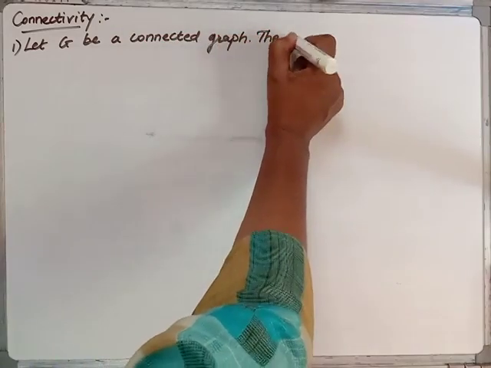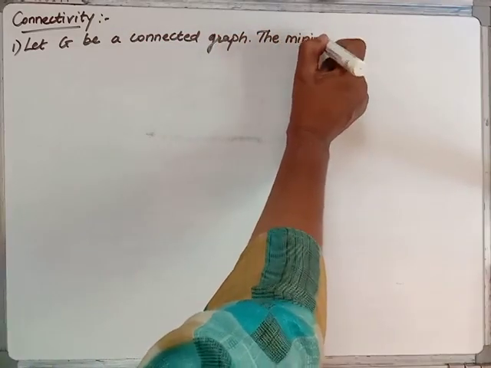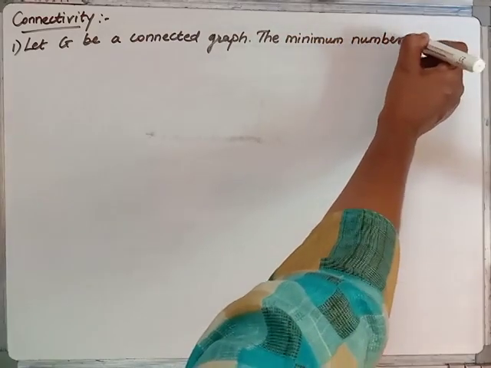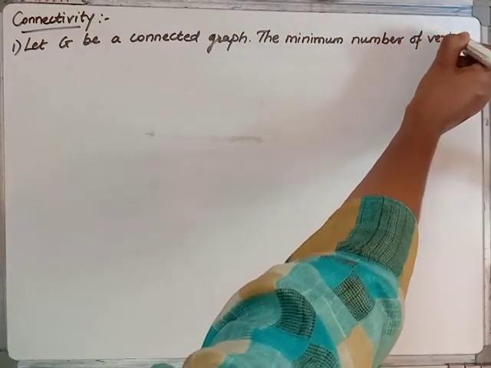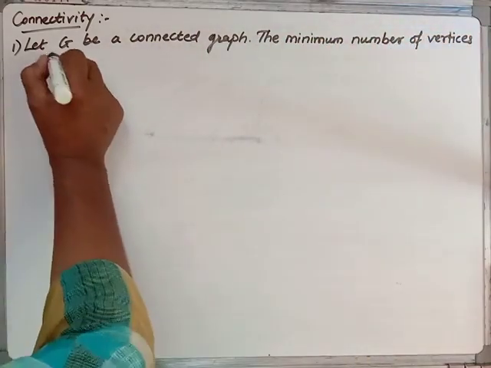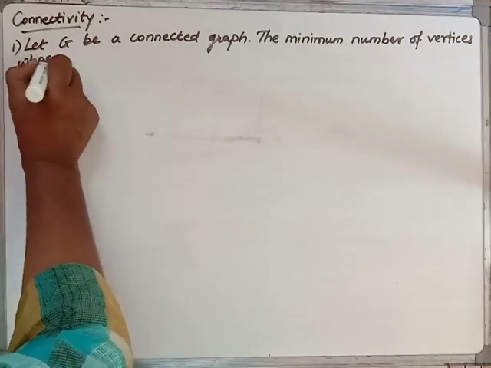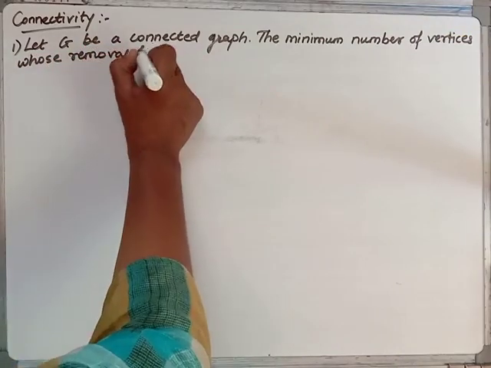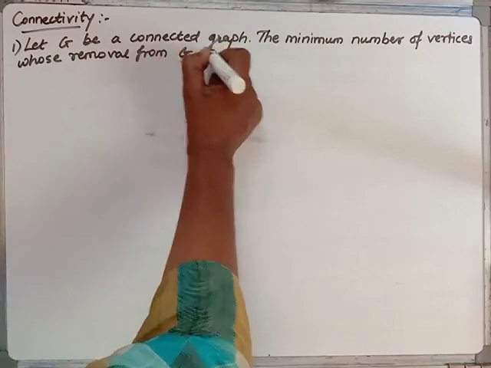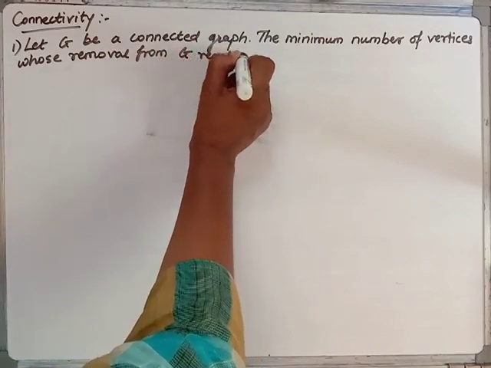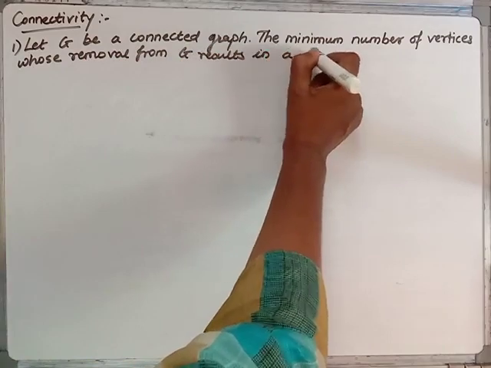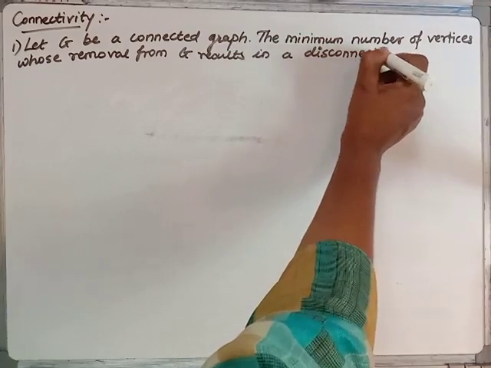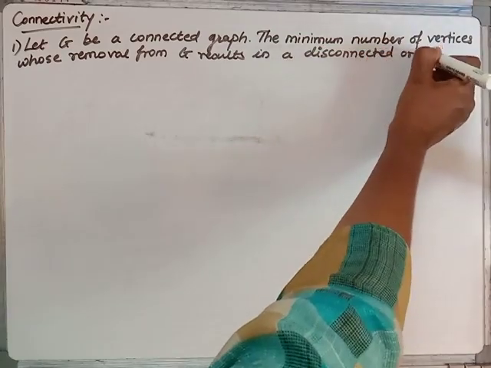The minimum number of vertices whose removal from G results in a disconnected or trivial graph is called the vertex connectivity.